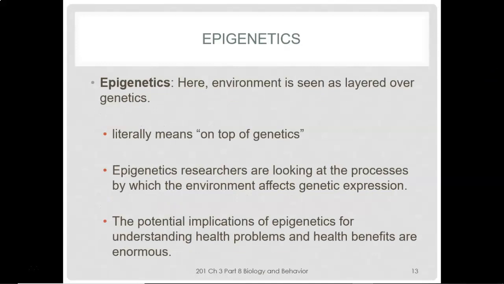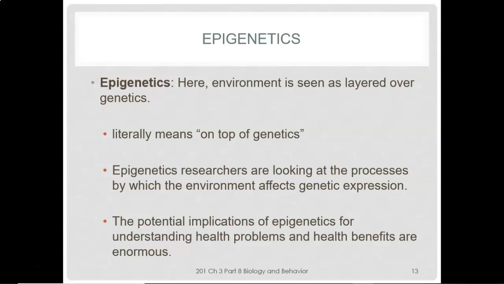So we've talked a lot about epigenetics. This is just how the environment affects genetic expression. Researchers are looking at the processes by which the environment affects genetic expression, and research keeps going on this because we're finding that the environment plays a huge role in our genetic expression.